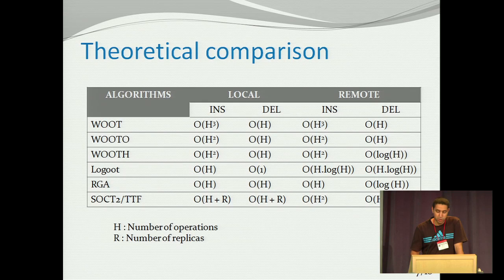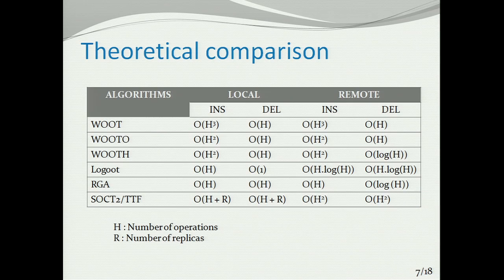To have a global view of all algorithms, we make a theoretical study. We represent here the time complexity. In the worst cases for all algorithms, we consider the time complexity for generating operations and the time to integrate remote operations. We denote by H the number of operations and R the number of replicas.